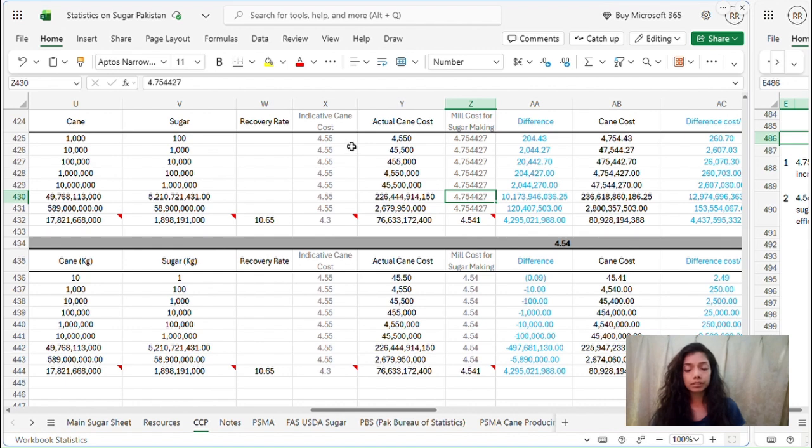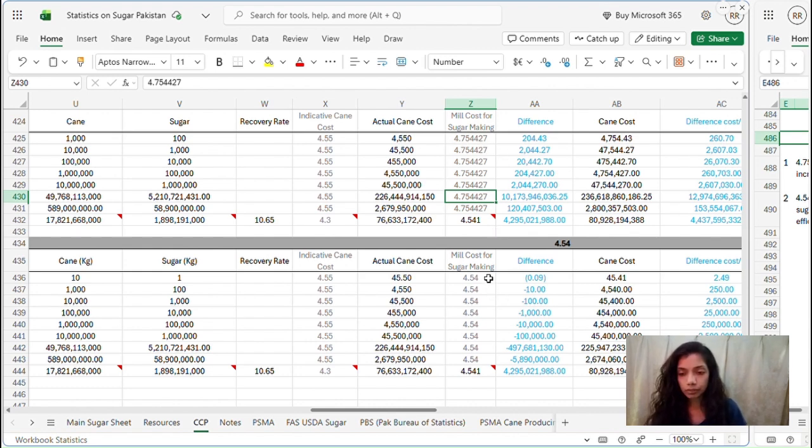So per kg cane price, those indicative prices that were set by the governments was around this, right? Now this is not for accuracy, just trying to illustrate the process here to understand all the differences later in the prices and the cost that incurs.